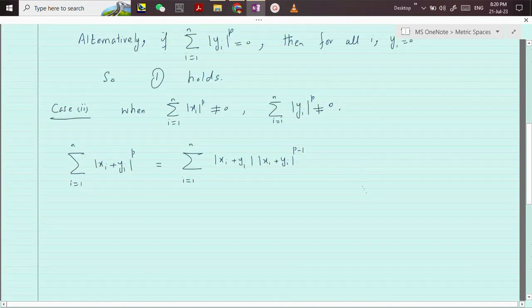Since for x1, y1, |x1 + y1| is less than or equal to |x1| + |y1|, and so on for xn and yn, |xn + yn| is less than or equal to |xn| + |yn|.